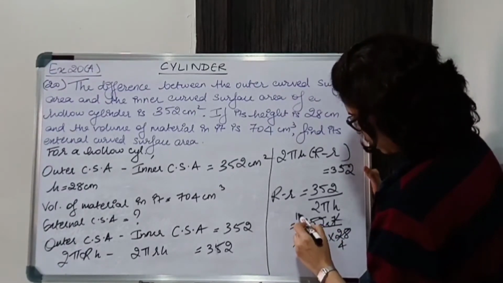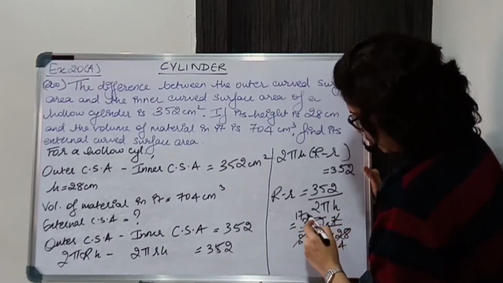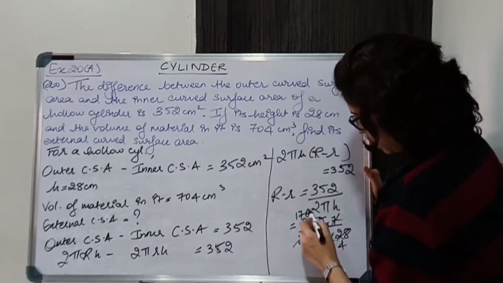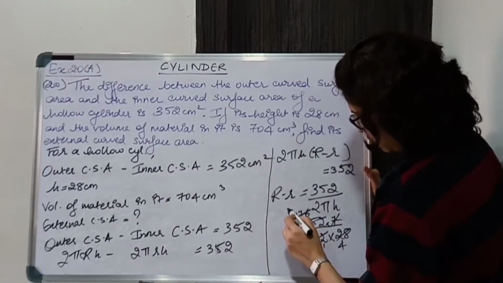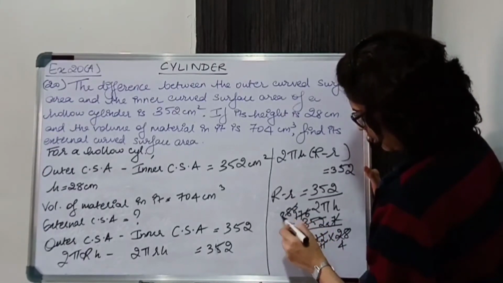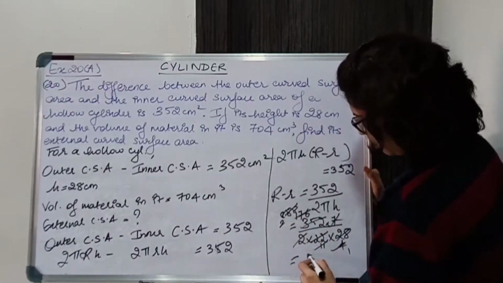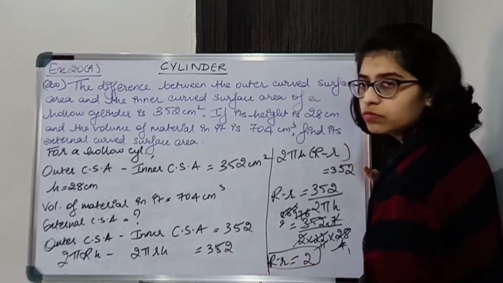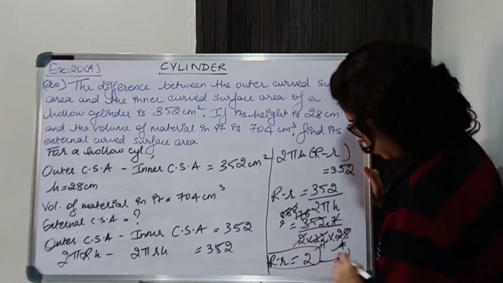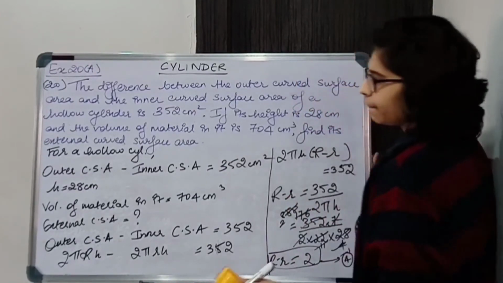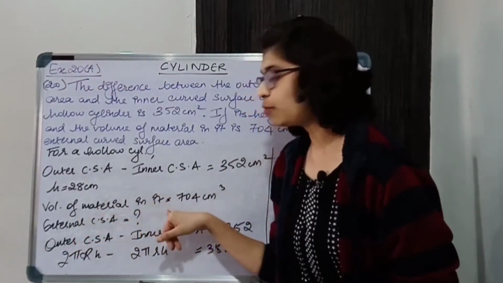So R minus r we got as 2. Okay, we'll call this equation A.